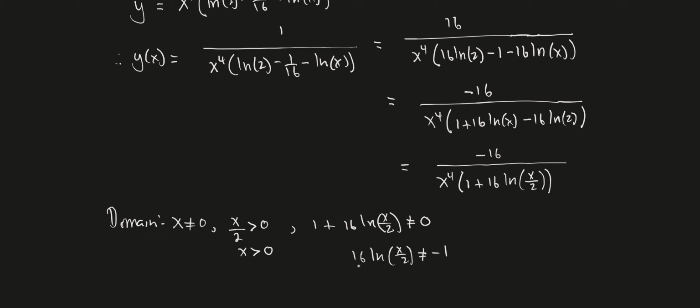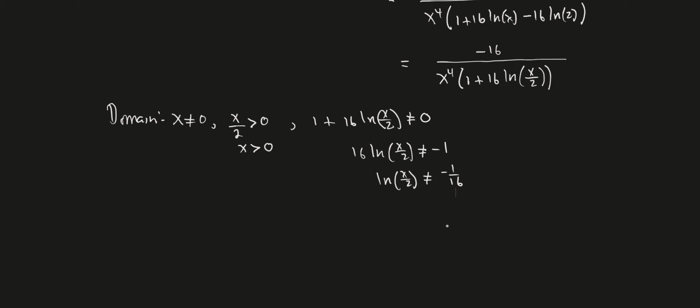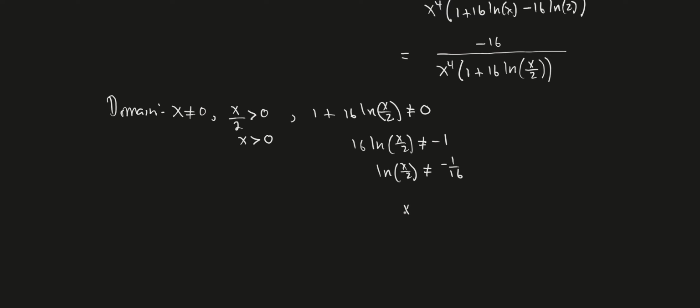Divide both sides by 16, so the natural log of x over 2 is not equal to negative 1/16. Then do our e. So x over 2 is not equal to e to the negative 1 over 16, and then multiply by 2. So x cannot be equal to 2e to the negative 1 over 16, which is just a little bit less than 2.